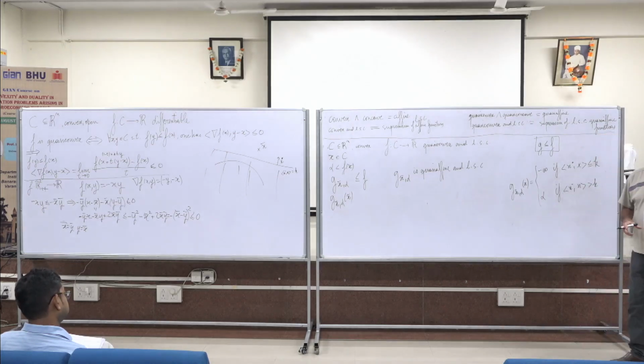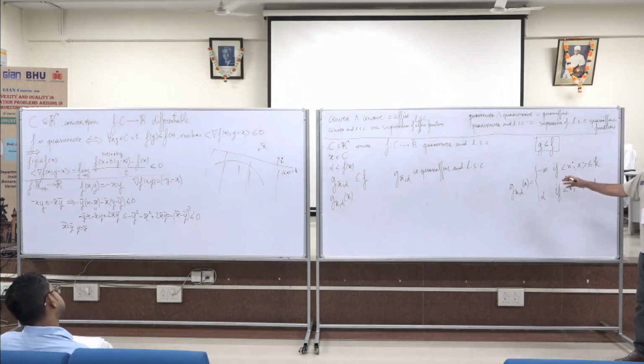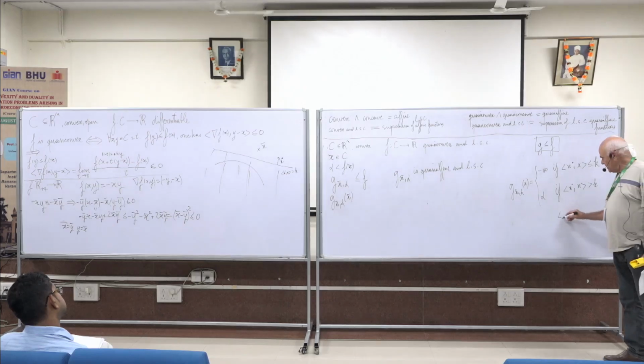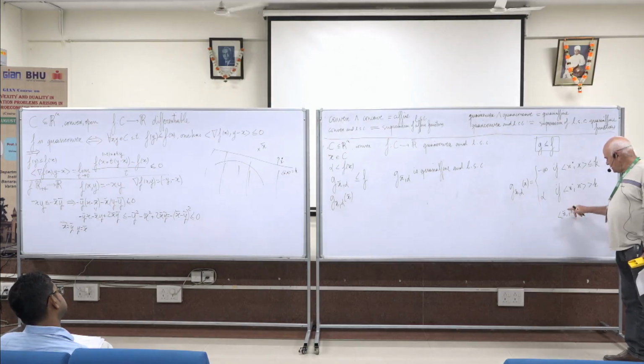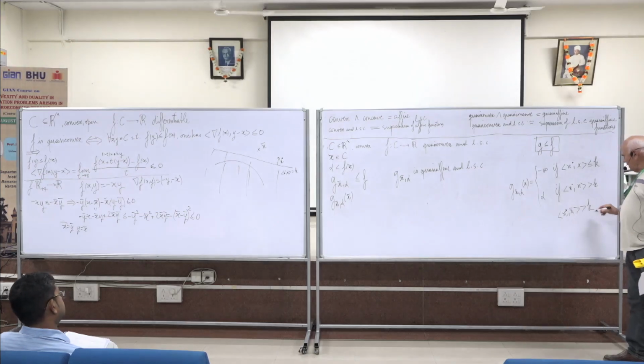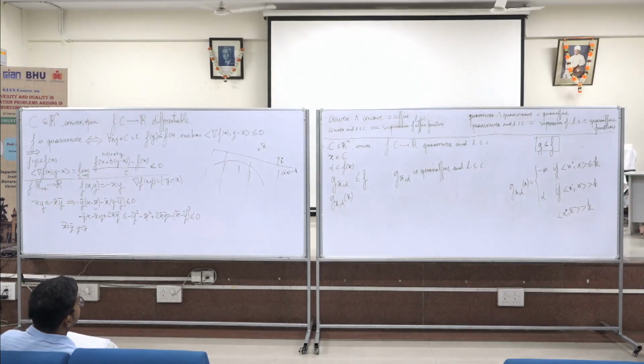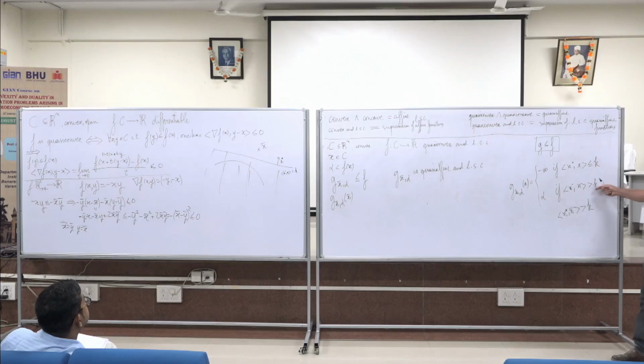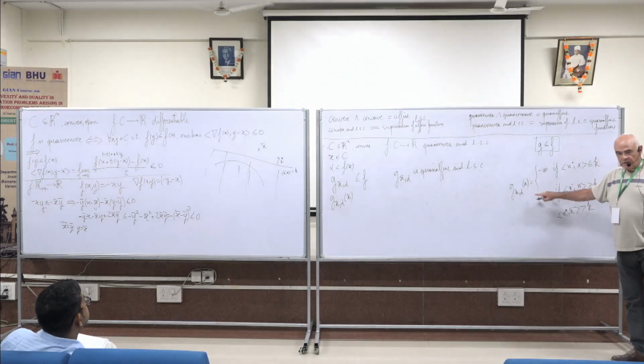And what do we know of x star and k? x star, k was the separating hyperplane, and we had that x star x bar is greater than k. So x bar is in this zone. So for x bar, the value of g is alpha.